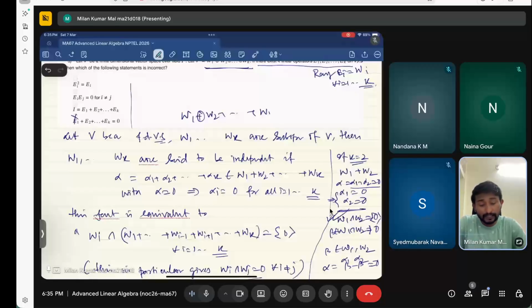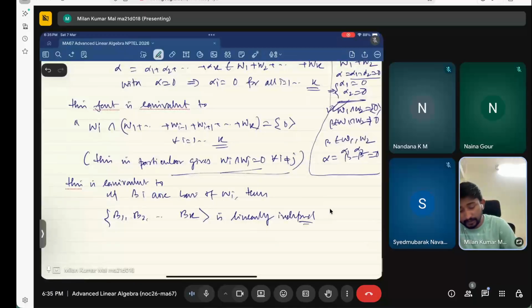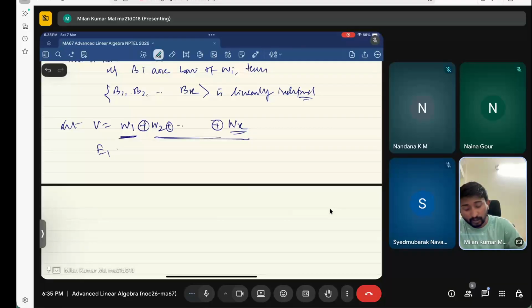Now suppose V equals W1 direct sum W2 direct sum all the way direct sum Wk. Without loss of generality, if I take W1, then we will have a projection E1, the projection onto W1 along the subspace W2 plus up to Wk.